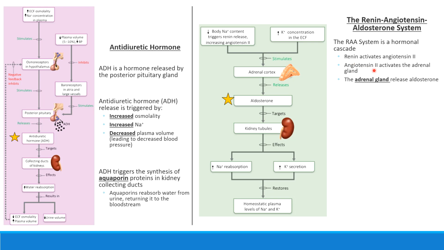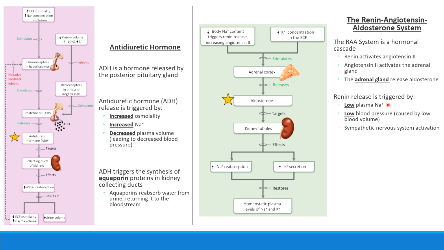Renin will activate angiotensin 2, and angiotensin 2 is something that activates the adrenal gland to spit out the hormone aldosterone. So primarily the effective hormone in this system is going to be aldosterone, and it's going to have an effect on the kidneys. When we think about what triggers the release of different parts of this hormonal cascade, renin is going to be released when we have low levels of sodium.